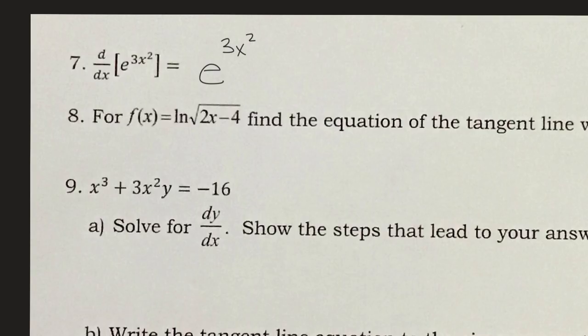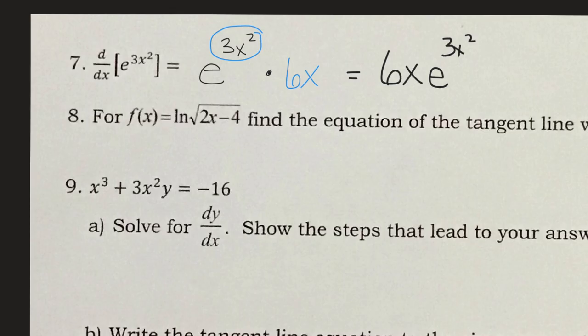So the derivative of e to the 3x squared is e to the 3x squared times the derivative of its power. So what's the derivative of 3x squared? 6x. Okay, so chances are you're more likely to see this written in its correct form. So the algebra comes first, and then our exponential stuff comes second.